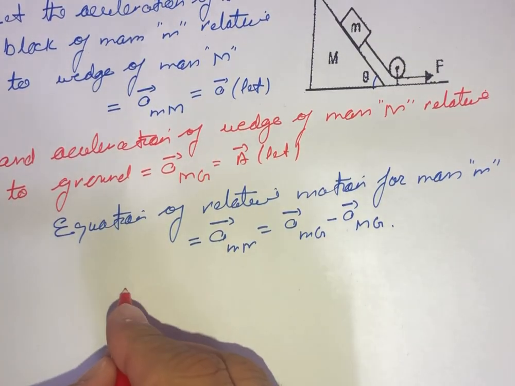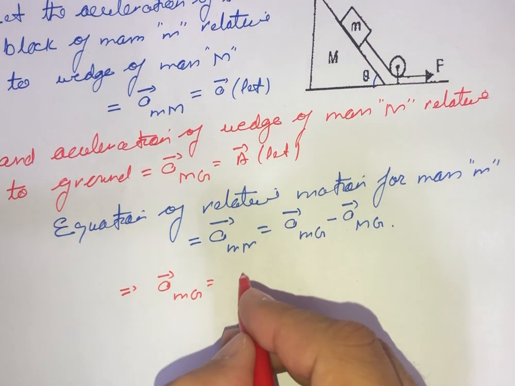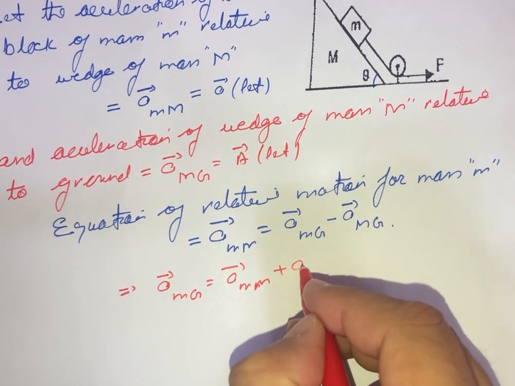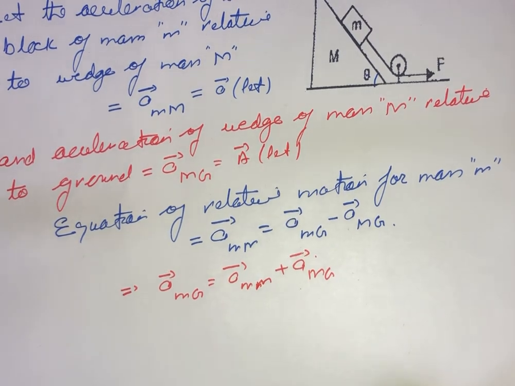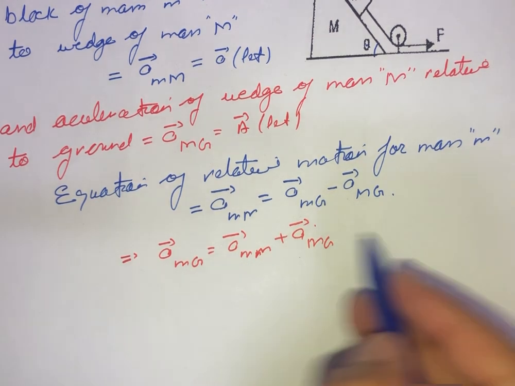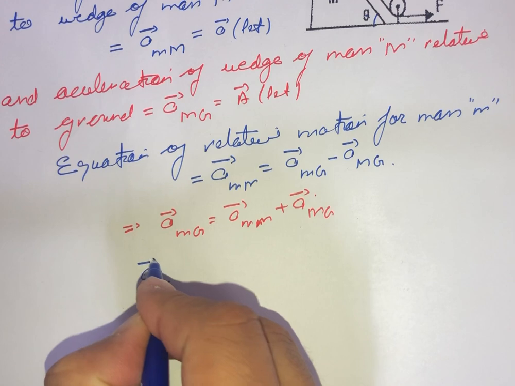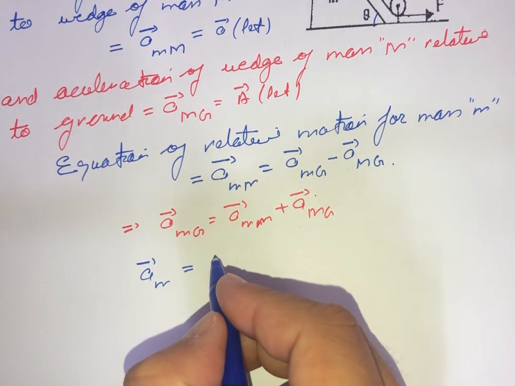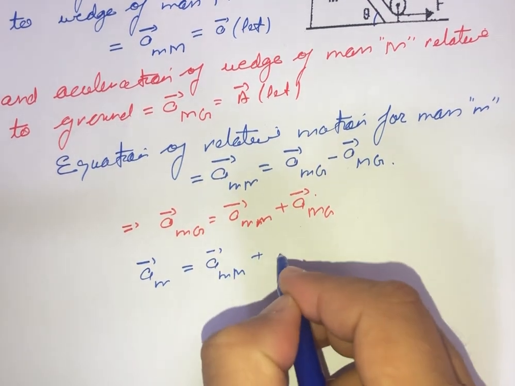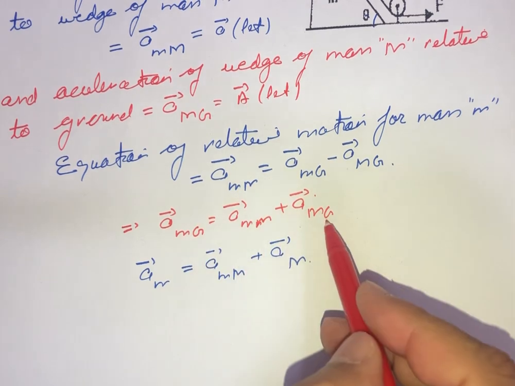From here we can find out that A M G will be equal to A M M plus A capital M G. The simplest way this can be written is A M is equal to a small m capital M plus A capital M. Okay, we simply remove the G.